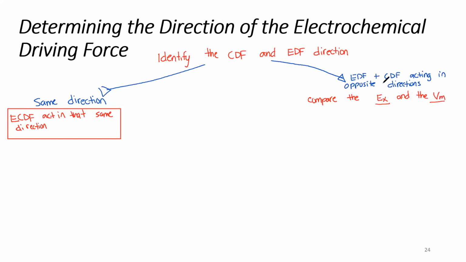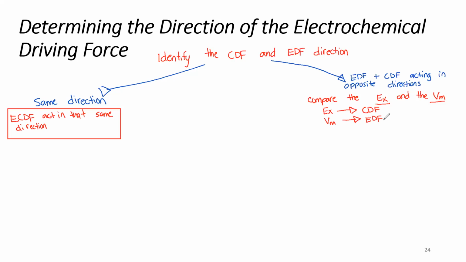Basically, if the equilibrium potential is greater, then the overall force is going to favor the chemical driving force. If the membrane potential is greater, then the overall force is going to favor the electrical driving force.